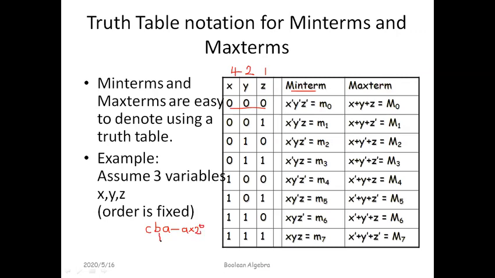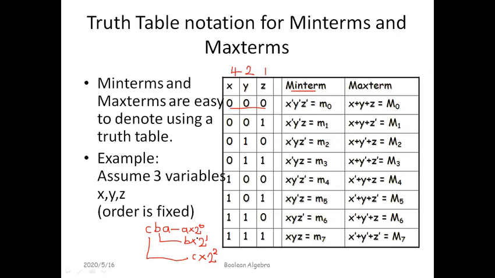Then B multiplied by 2 raised to the power 1. Then C multiplied by 2 raised to the power 2.